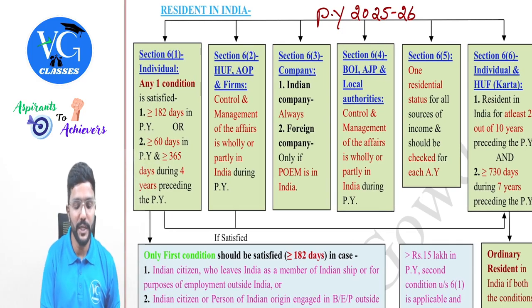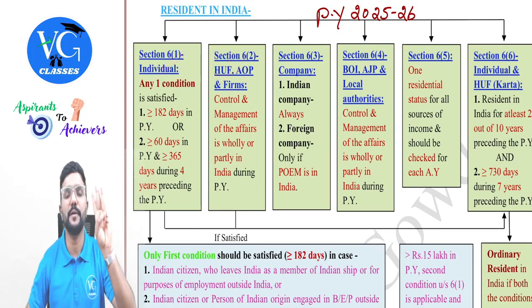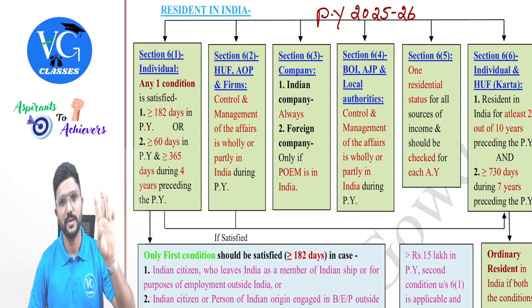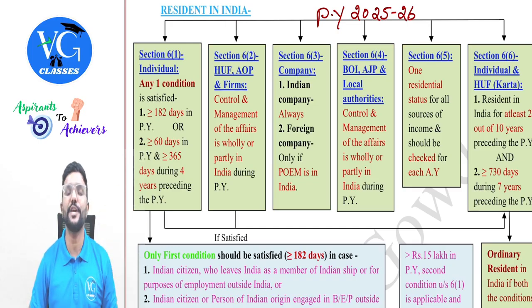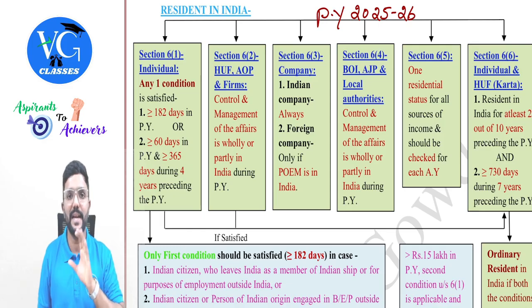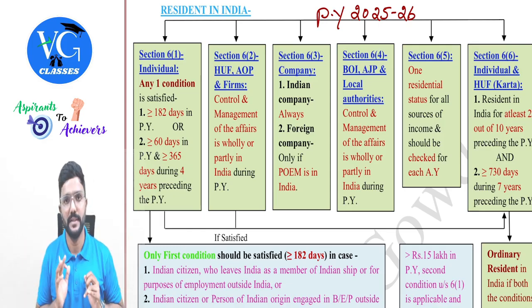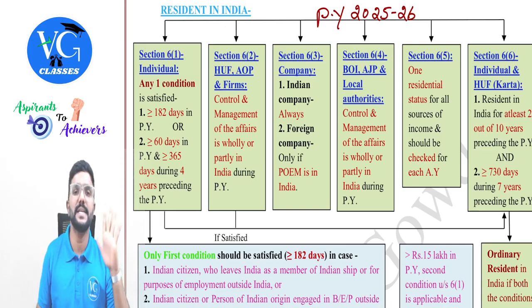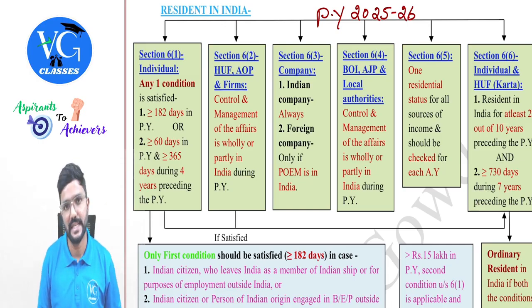Now, coming to the individual and HUF, there are three possibilities totally. What are those? Ordinary resident, not ordinary resident, non-resident. Whereas for any other category of persons, the second stage will not come, guys. They are either resident or non-resident. And when they are resident, we always consider them as ordinary resident, guys.